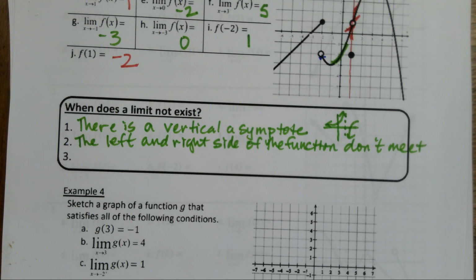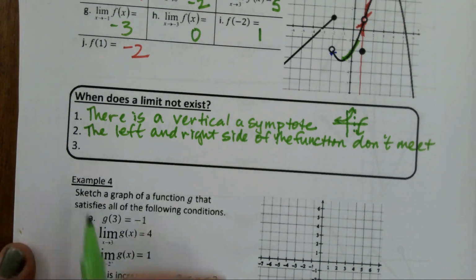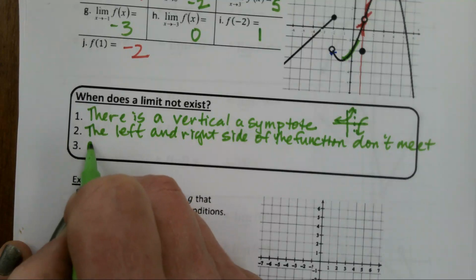And the last place that we say we have a limit that does not exist is kind of a little bit tricky, because we talk about a left side and a right side of a function, a left hand coming from the left, coming from the right. But if I don't have 2 sides of a function, I can't have a limit, technically. And so we say at an endpoint.